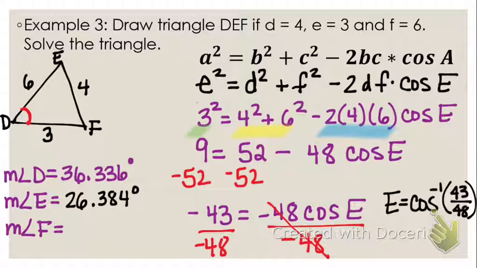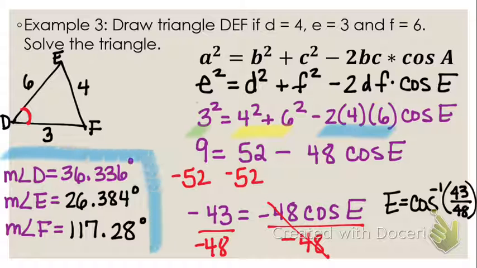If you know 2 angles, to find the third, you just use triangle sum. You should get 117.28. And that is the law of cosines.